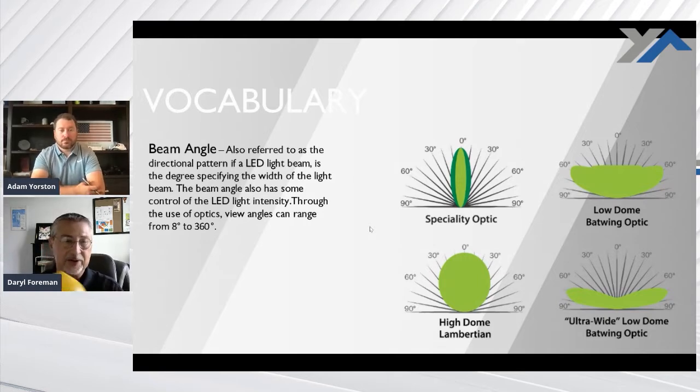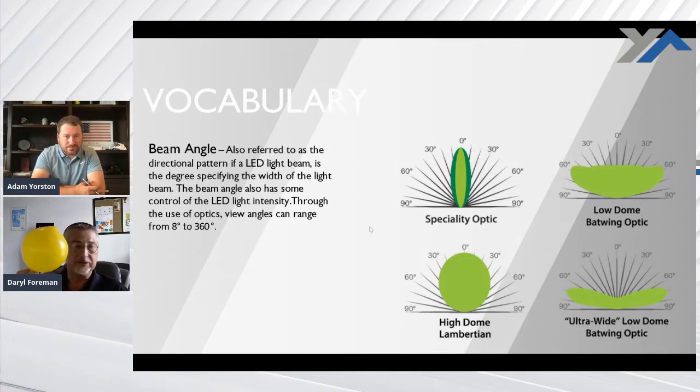If you look at this chart, you'll see four different, very distinct beam patterns. Now, I'm going to try to do this with this balloon. If you think of this as the volume of light that's put out by a particular chip, the high dome represents about a 120-degree beam angle. That would be like our Patriot XL Deep.